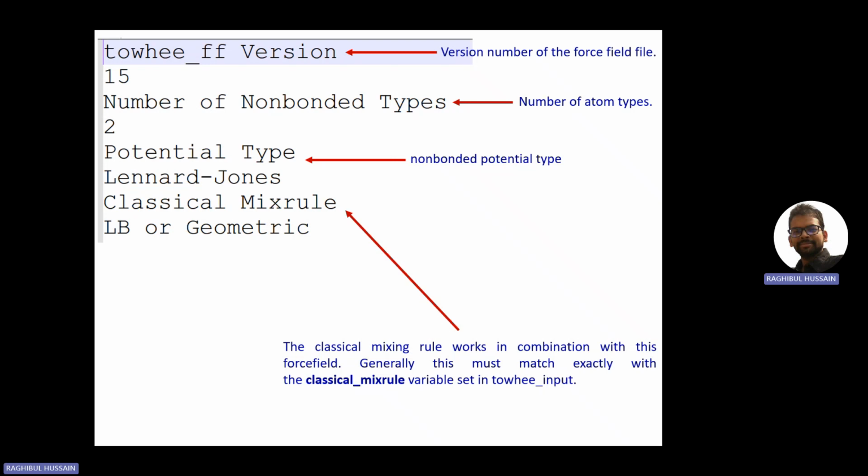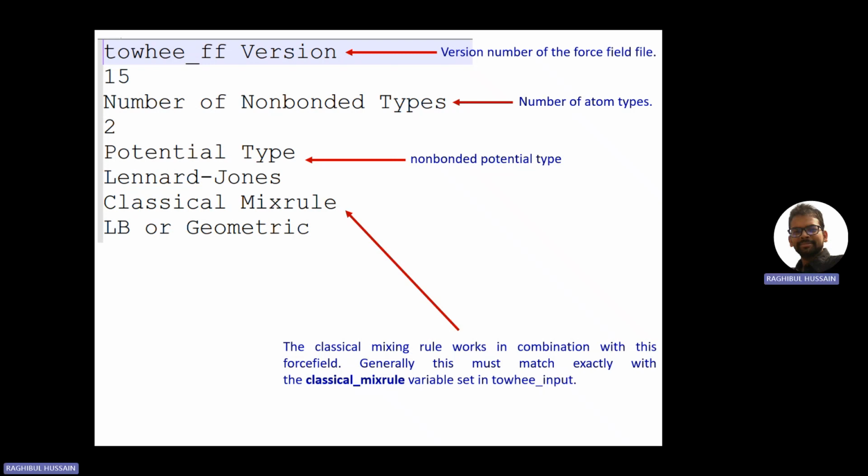Now let us go one by one. See, the first is TOHI_FF version. So this is the version of the force field file. What version is it showing? 15. So right now it is 15. Now the main thing starts from here.